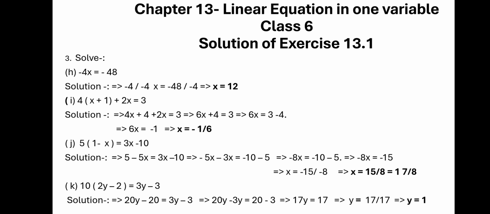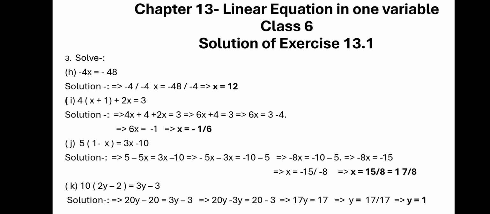I question. 4 into bracket x plus 1 plus 2x equal to 3. So we have to solve the bracket first. 4x plus 4 plus 2x equal to 3. 4x plus 2x, that is, variables are added as 6x plus 4 equal to 3. So 6x equal to 3 minus 4.